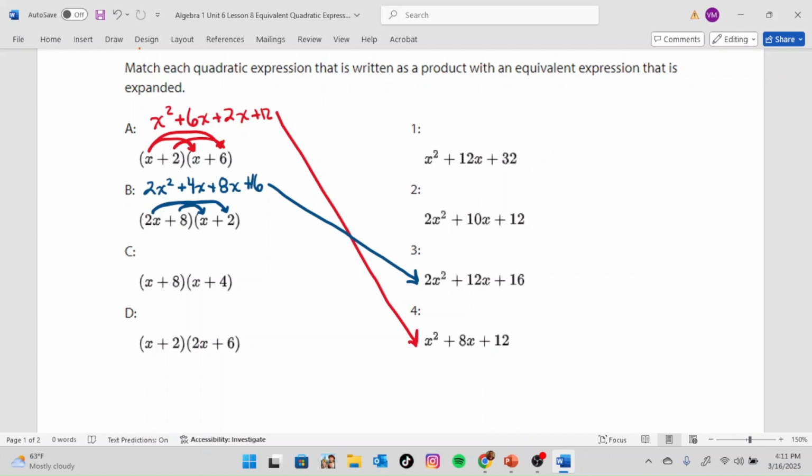Choice C. We have x times x, which is x squared, x times 4, which is 4x, 8 times x, which is 8x, and 8 times 4, which is 32. So we have x squared plus 12x plus 32, which we see in number 1.